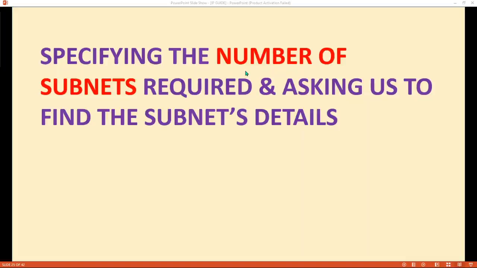So in this scenario, we don't need to add 2 in the 2 to the power n. You don't need to add 2 here. Why? Because each and every subnet is going to have a network address and a broadcast address inside. You don't need to specifically add that. It's already included inside the subnet. You just simply use the number of subnets required in the 2 to the power n.